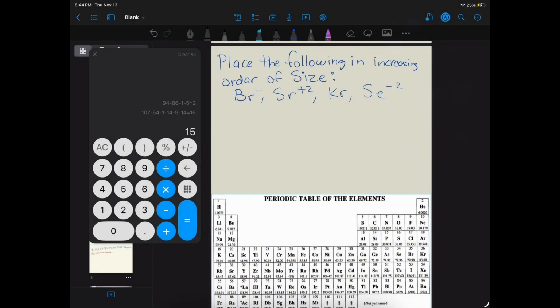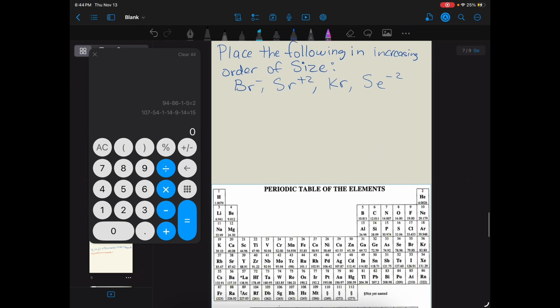Okay, for this next problem, we are asked to place the following in increasing order of size. Okay, so because it's increasing, that would be smallest. But what is different about this problem is that these are all isoelectronic, which means that they all have the same number of electrons.